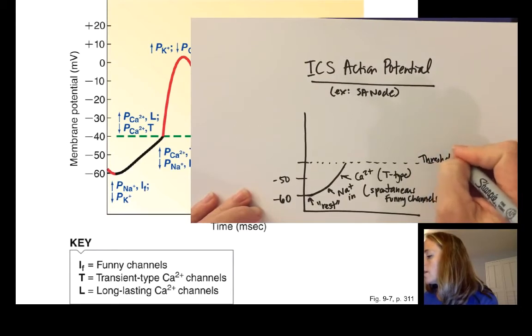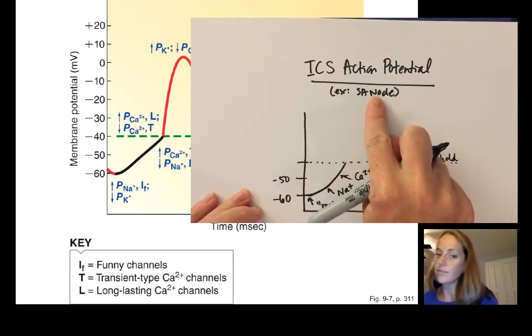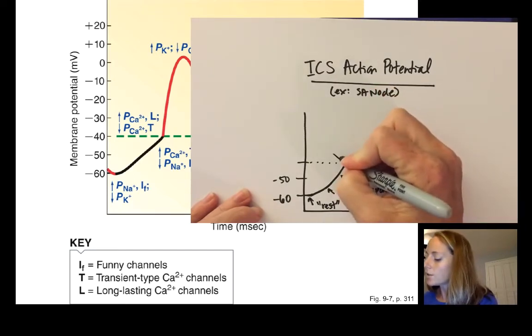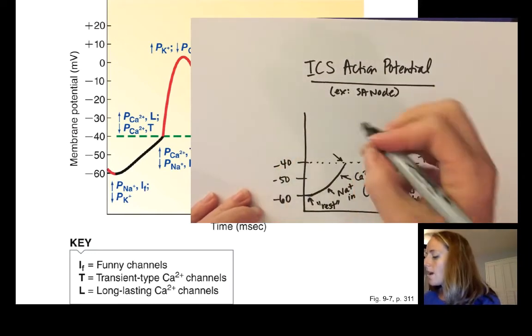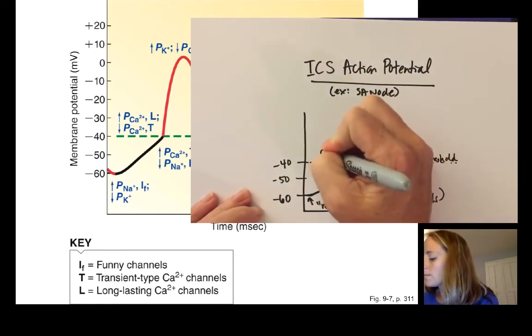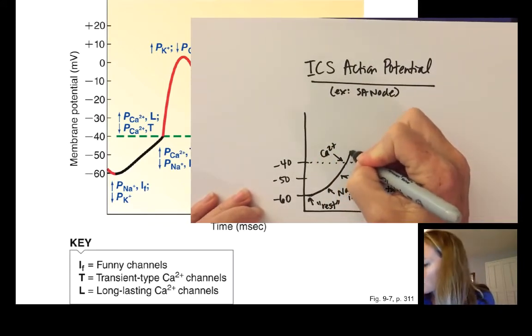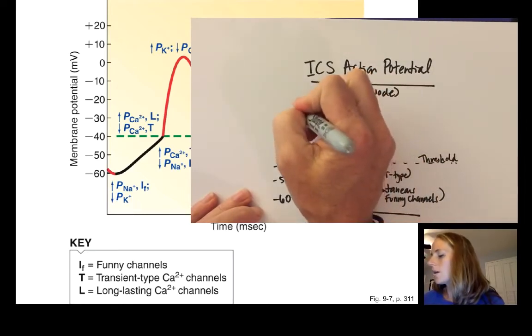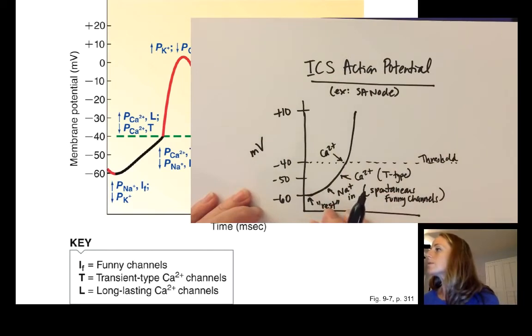And just like in a neuron, when you hit threshold, you get a huge flood of depolarization. So hitting threshold here at minus 40, you're going to now have more calcium entering, and it's going to be a rush of calcium. You're going to get a big peak, and it's going to peak all the way up to positive 10. Again, these are in millivolts.